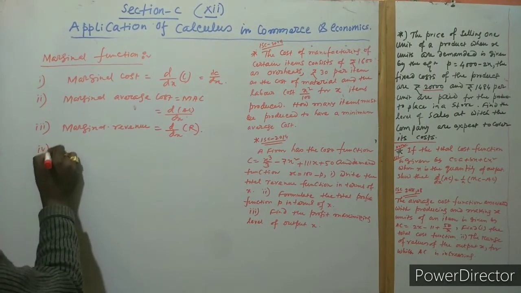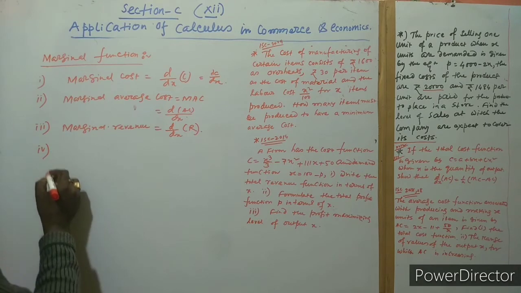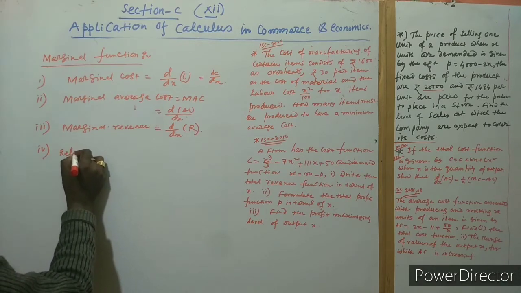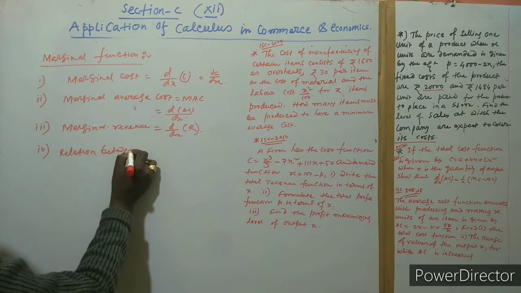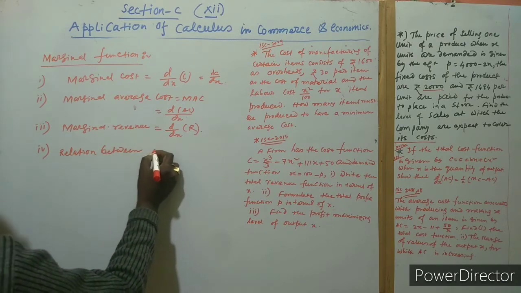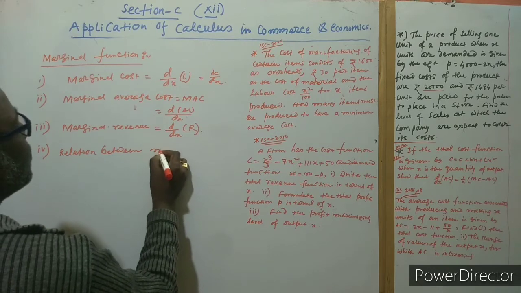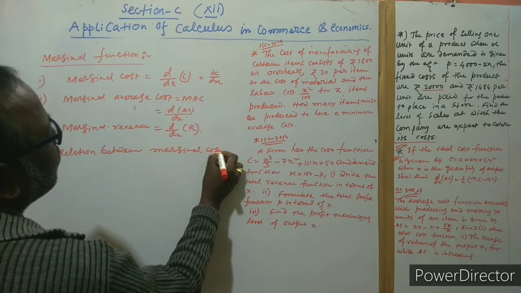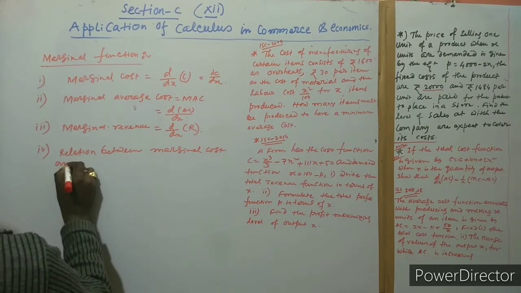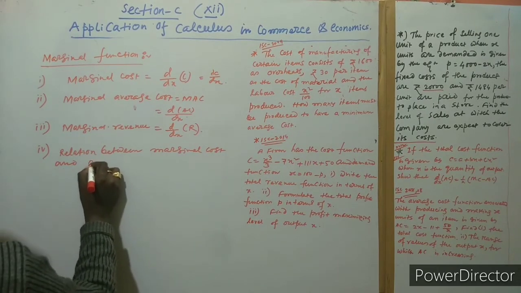And now fourth, we have to find the relation between marginal cost and average cost.